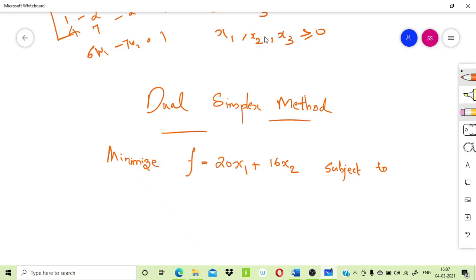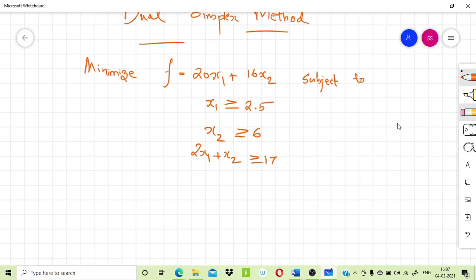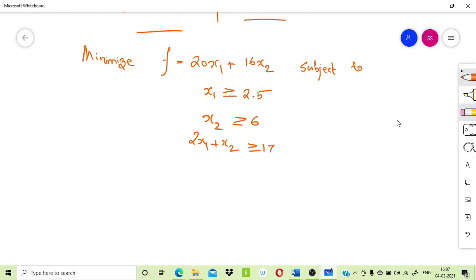The constraints are x1 greater than or equal to 2.5, x2 greater than or equal to 6, 2x1 plus x2 greater than or equal to 7, then x1 plus x2 greater than or equal to 2, and also x1, x2 greater than or equal to 0.